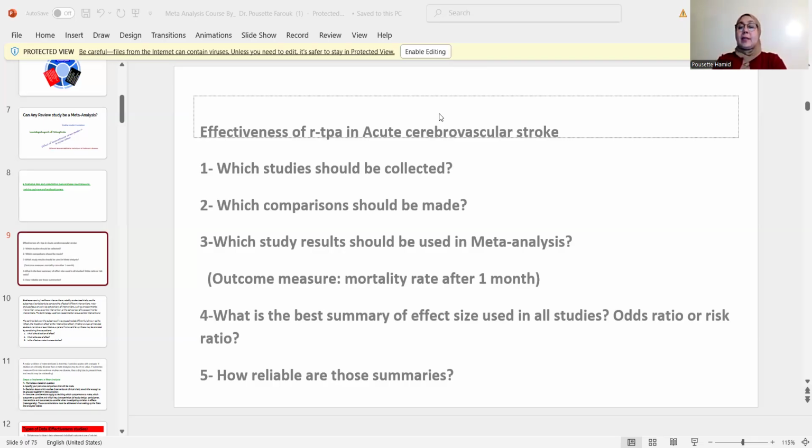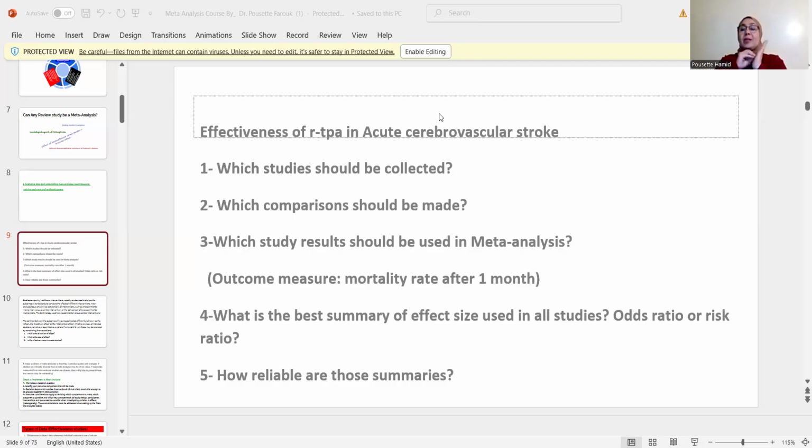Which study results should be used in the meta-analysis? Suppose that you choose mortality rate. You are now comparing mortality rate between these two arms. You agree that I should have two arms. What outcome measure will I look for to pick up from the results section?